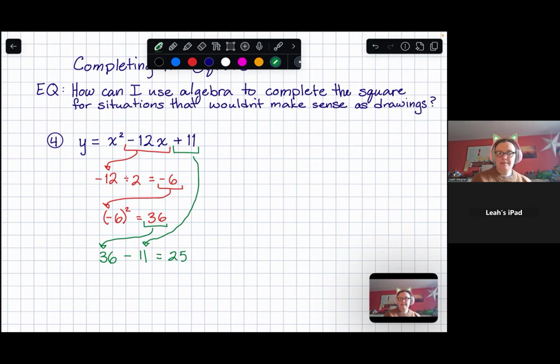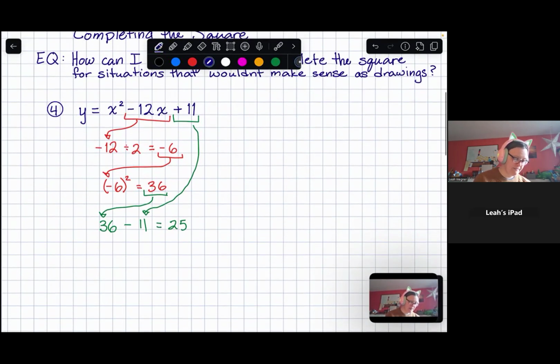So I'd need to be able to add 25 more to that 11 to make it look like a 36. If I'm going to add 25 without changing the value of this equation, I would have to subtract 25 as well. So let's go ahead and rewrite our equation.